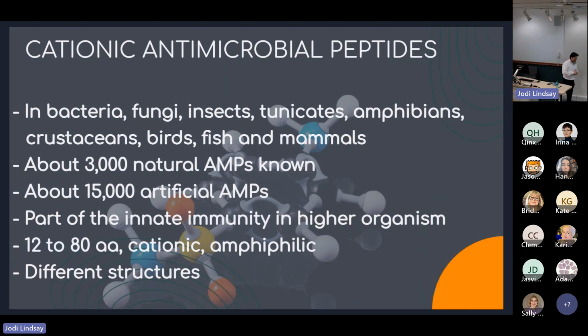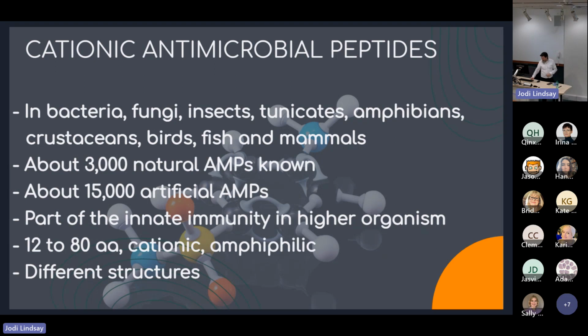So my work is centered around these peptides, and they're cationic and antimicrobial, and you find them basically everywhere in all living things, including humans. We know about 3,000 of them, natural ones, and researchers created more than 15,000. In higher organisms, they're actually part of the innate immunity, between 12 and 18 amino acids long, cationic and amphiphilic.